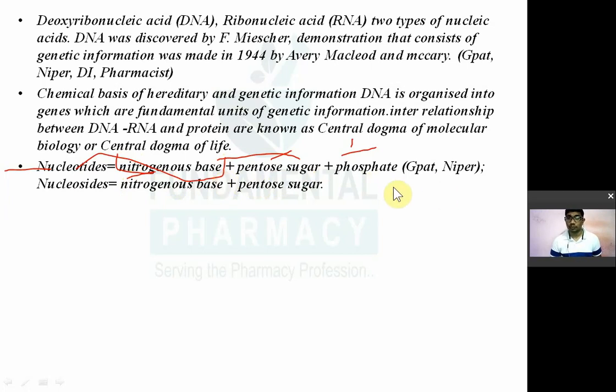Again, the phosphate group is attached to the nitrogenous base plus pentose sugar by a phosphodiester bond. So there are three components of your nucleic acid.